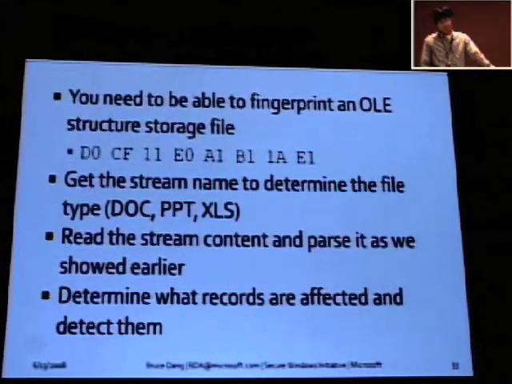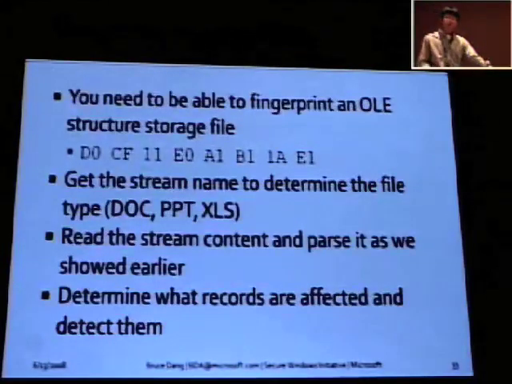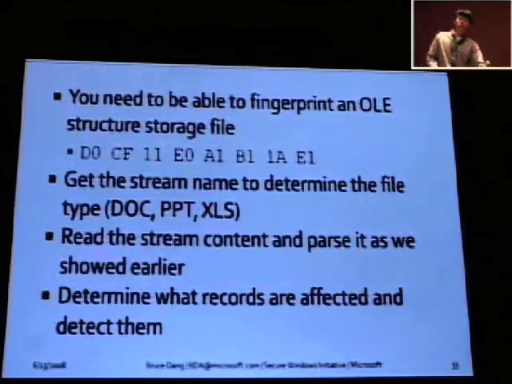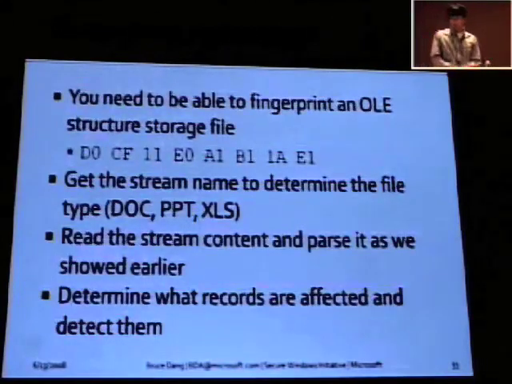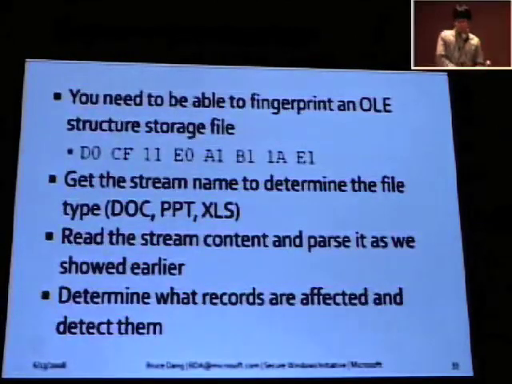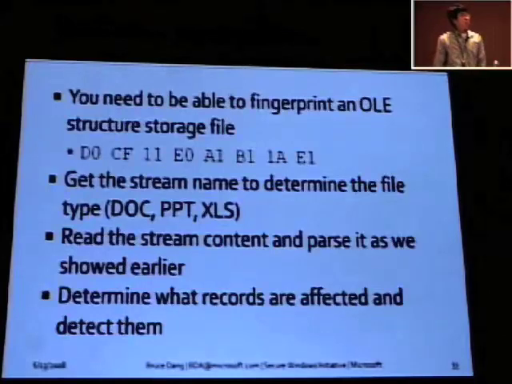If you have those first 8 bytes, it's very likely an OLE file. Then you have to receive the entire content of this file, enumerate through all the streams and storages, and figure out what type of file you have: a Word document, Excel document, or a PowerPoint document. Then you read the contents and parse it as I showed you earlier. And then if you have time, you figure out what records are affected.